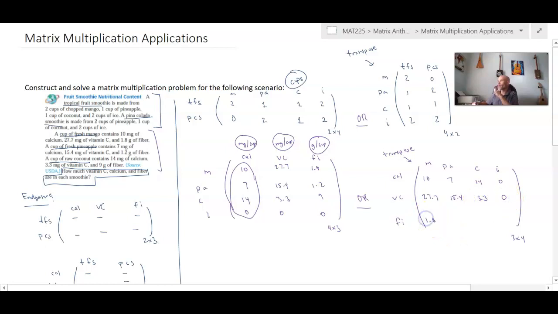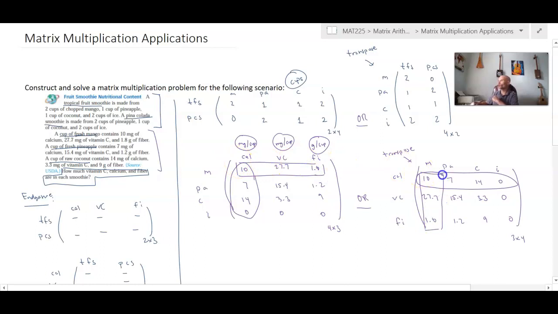And then 1.8, 1.2, 9, and 0. And so just to make this visually clear, the columns became our rows, the rows became our columns. So you can see that the first column here, 10, 27.7, 1.8, is the same as what was the first row right here. So it's just all about how we write it.